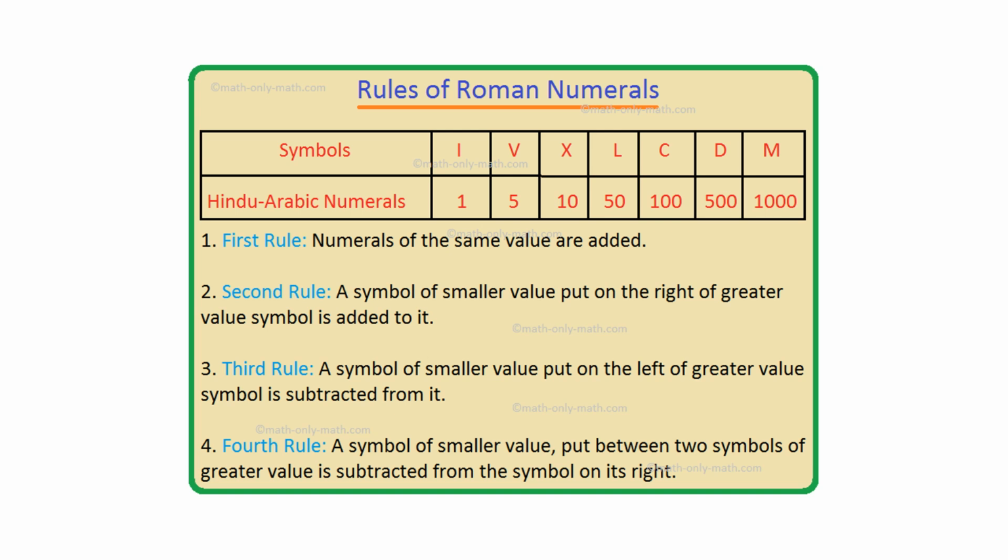Then 5 is going to be V, 6 is going to be VI, and remember the rule again, we don't want more than 3 I's next to one another. So for 7 we can say VII, for 8 we can say VIII, but then for 9 again we're going to look at the next bigger number. We're going to see that 10 is the next bigger number, so naturally we're going to minus from 10.